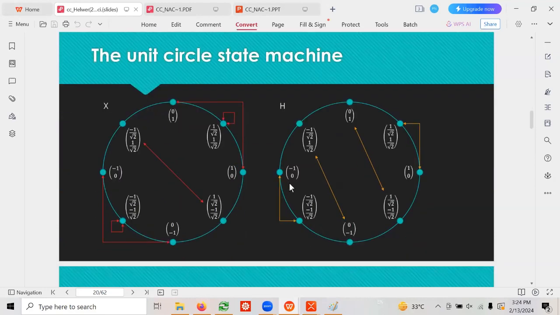Now, this is the most important picture I want you guys to see. This is actually how quantum computing is performed. Basically, you guys look at this. I have 2 states, right? What is 0, 1? That's value 1, right?